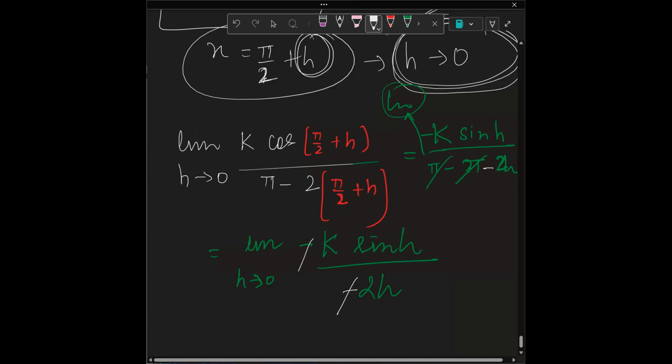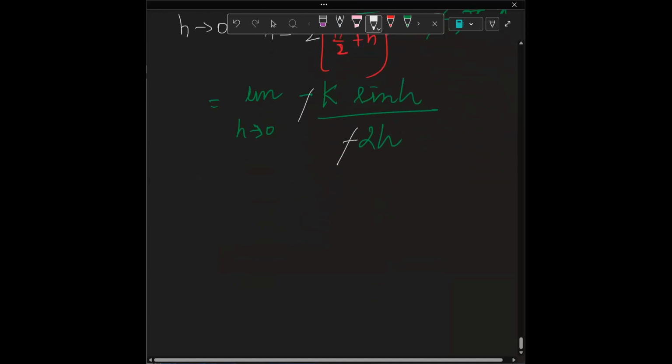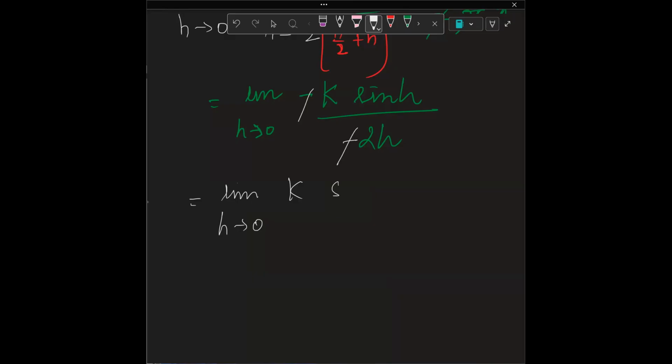So this minus and this minus will get cancelled out, and in the denominator we have limit h tending to 0, k sin h over 2h.